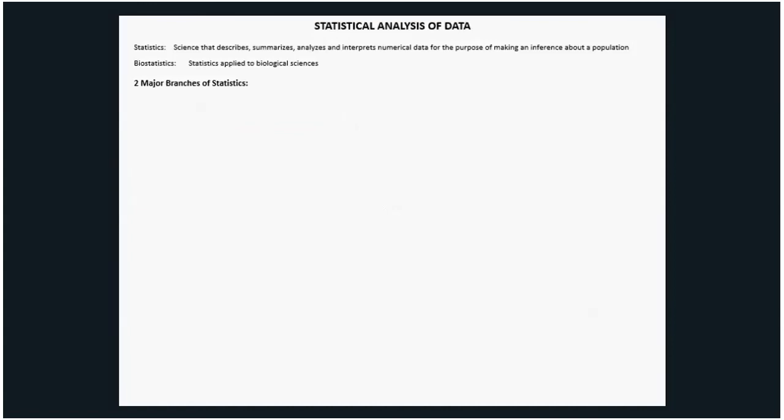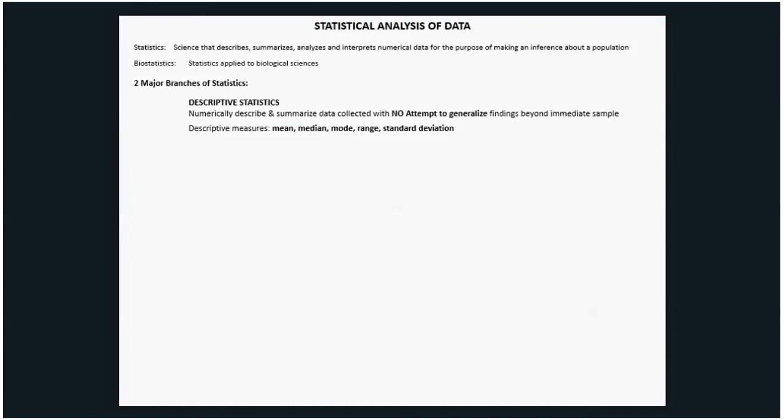So there are 2 major branches of statistics. You've got descriptive statistics, which remember we've already talked about descriptive type studies, descriptive type research, where basically you're just describing and summarizing data that's collected with no attempt to generalize it beyond the immediate sample. So you have your sample selection and you get the mean, the median, the mode of that smaller sample, and you're describing that particular sample.